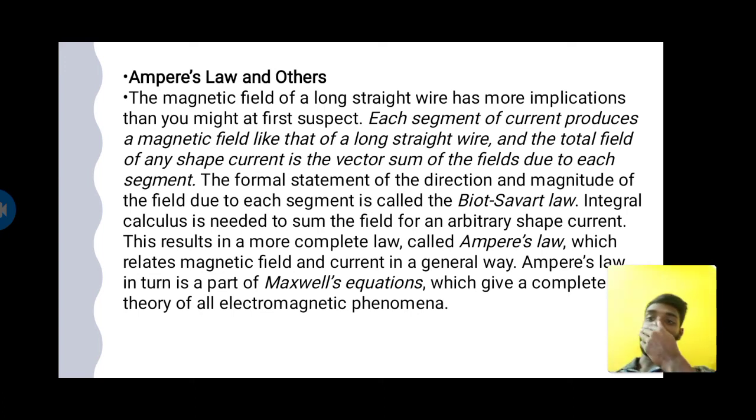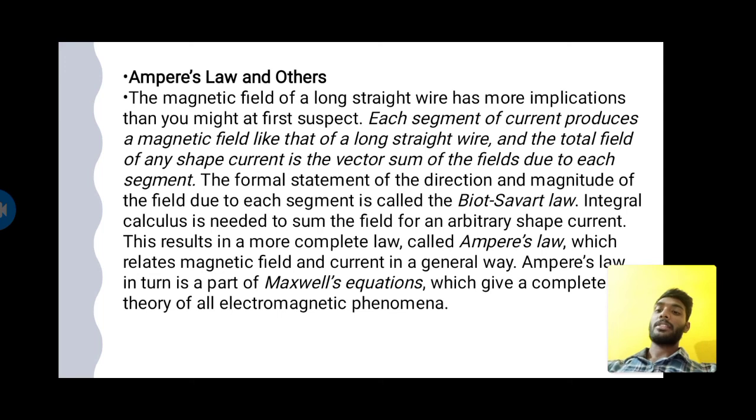Ampere's law and others. The magnetic field of a long straight wire has more implications than you might at first suspect. Each segment of current produces a magnetic field like that of a long straight wire, and the total field of any shape current is the vector sum of the fields due to each segment. The formal statement of the direction and magnitude of the field due to each segment is called the Biot-Savart law.